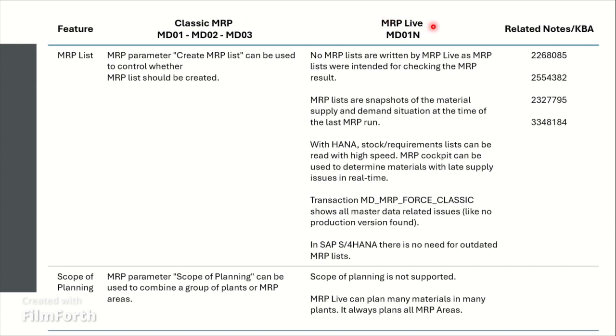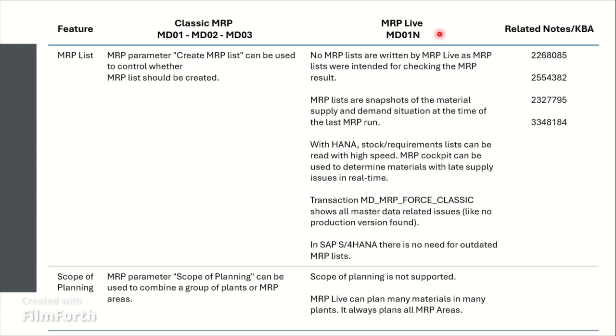But when we come to the MRP Live with the transaction MD01N, and this is only available in the S4HANA systems, here there is no MRP list created because the MRP list was basically intended for checking the MRP result.